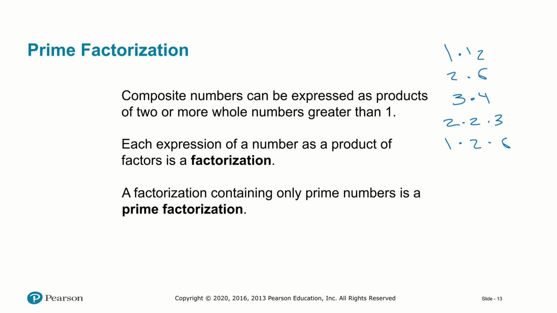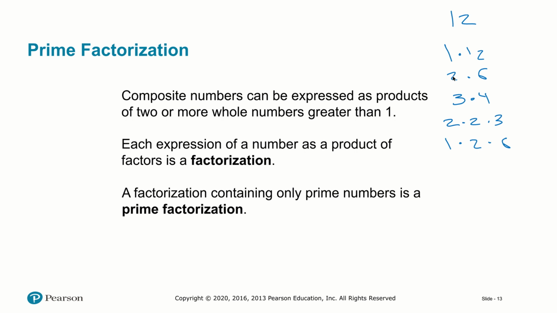Now, anytime you take a natural number and write it as a product of 2 or more factors, what you have is a factorization. And each of the numbers in each of these factorizations is considered a factor of that number. So here, the original number we were dealing with is 12.